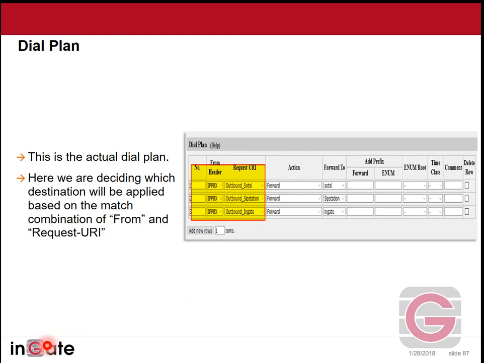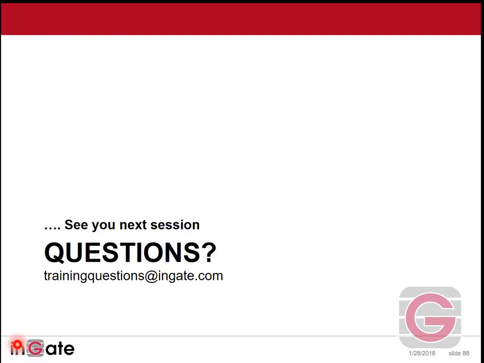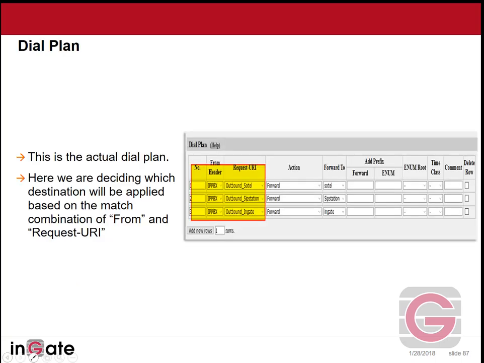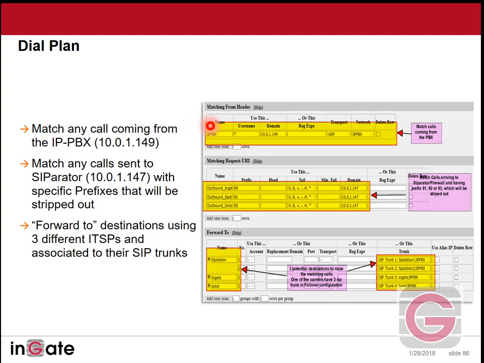In other words, if we go back, pardon me, let me go back one more. If the match is PBX, then we call each one of them Ingate, outbound SIP station, and outbound Sotel.